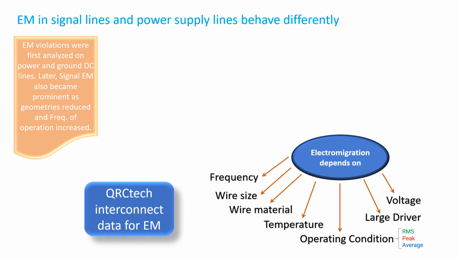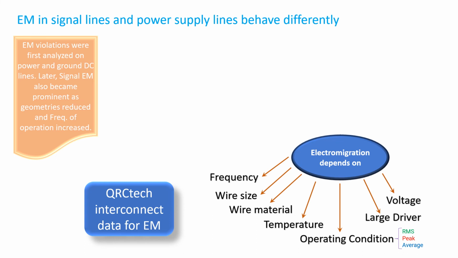Based on those specific conditions and operating frequency, the RMS current density, peak current density, and average current density will differ. All those values are represented in the QRC tech file, or fab-specific technology file.